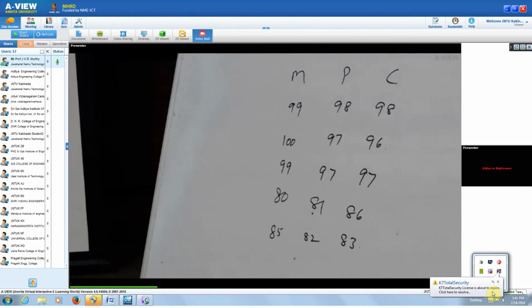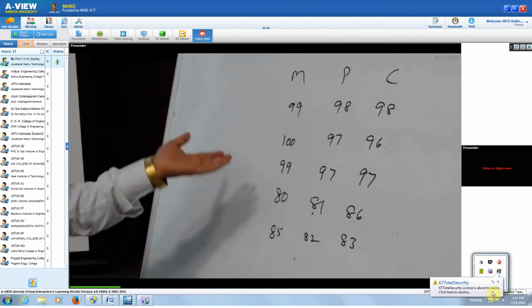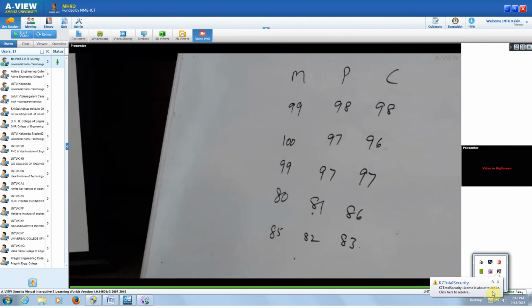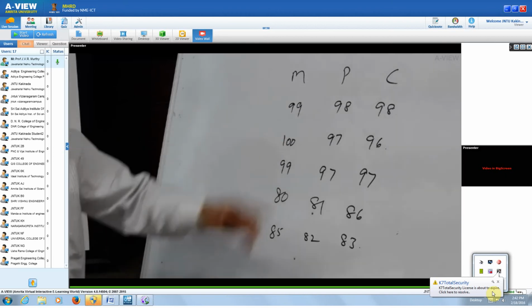That's not the thing here. But of course, I appreciate you have just made some attempts for it. Here it is. What is meant by the distance now? Because you have just given math, physics, chemistry marks, only marks. What is meant by this distance? Here it is 99, but physics 98, chemistry 90.